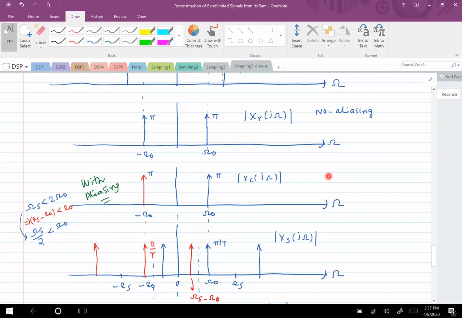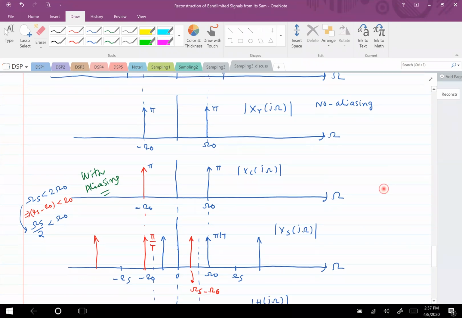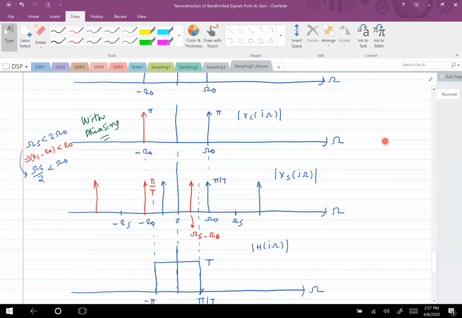Okay. Now the tricky part would be when your omega s is less than 2 omega naught. So assume that your omega s is less than 2 omega naught. So this is where you need to keep the first copy after 0, right? This width would be omega naught, but this omega s distance is less than the omega naught distance.